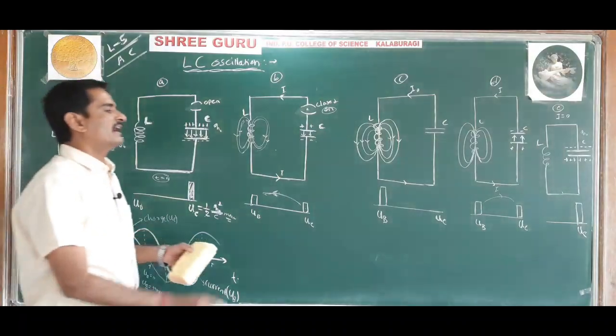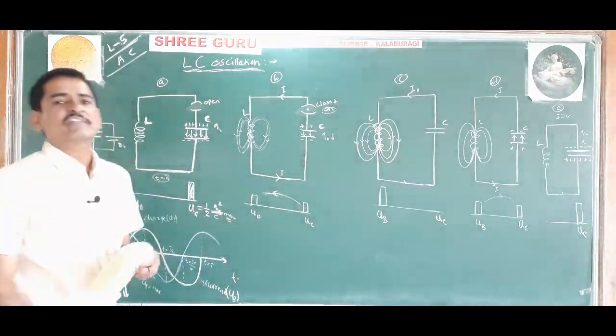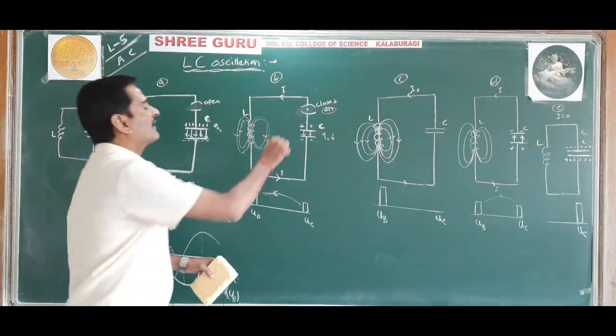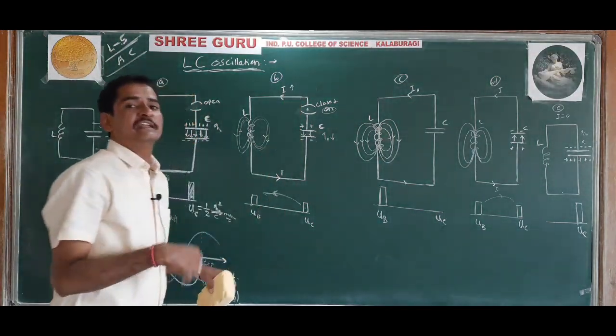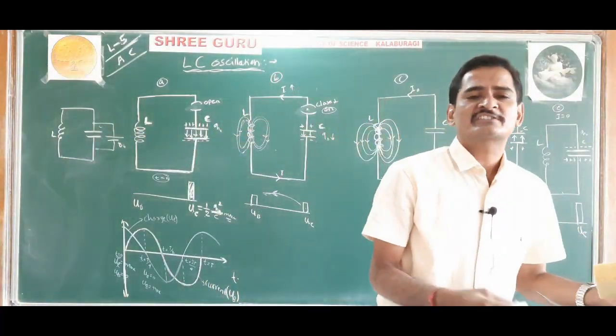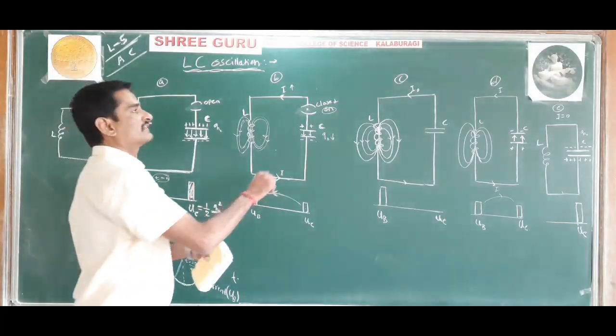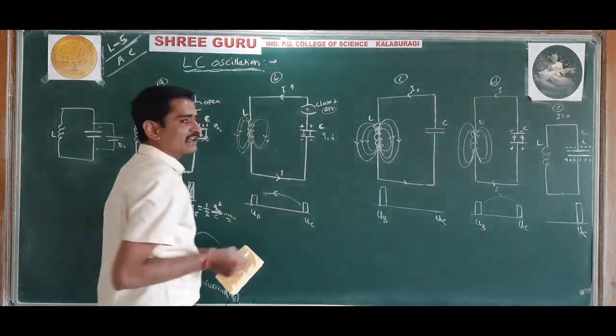As a result, the charge on the capacitor starts to decrease and the electric current starts to increase. That is the discharging action of the capacitor: the charge decreases and the current increases.